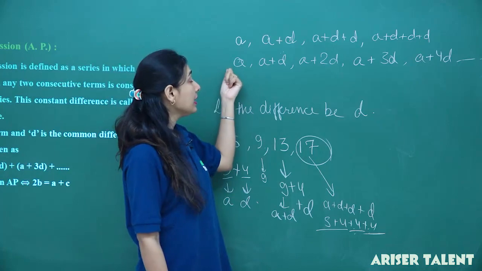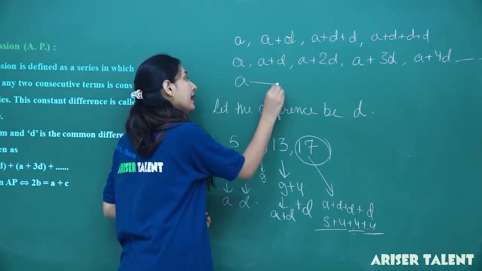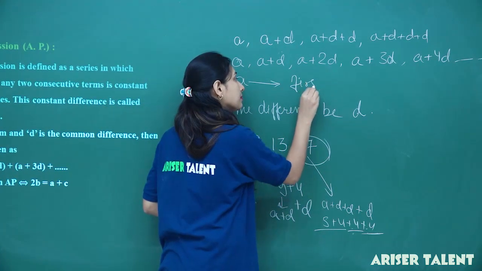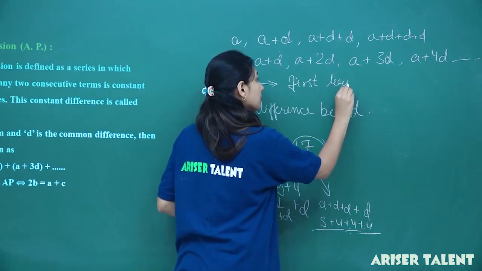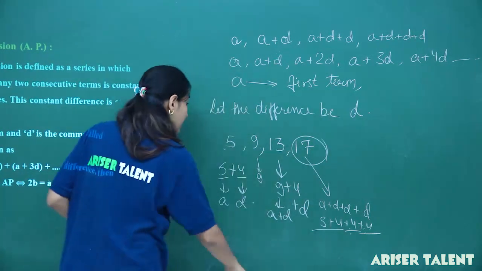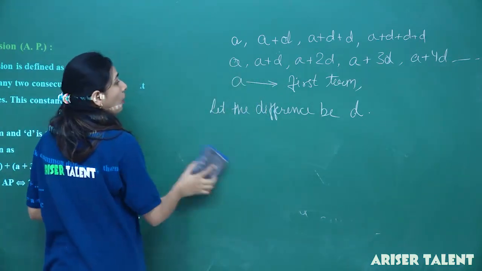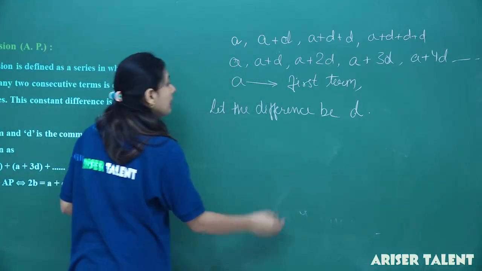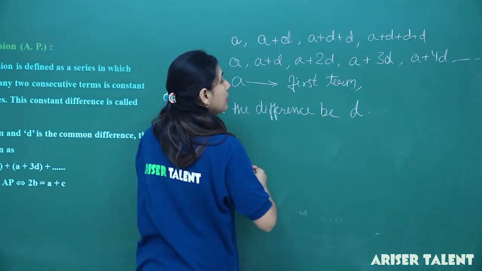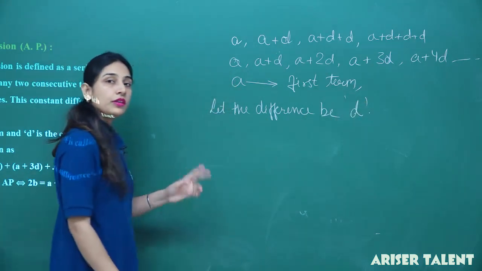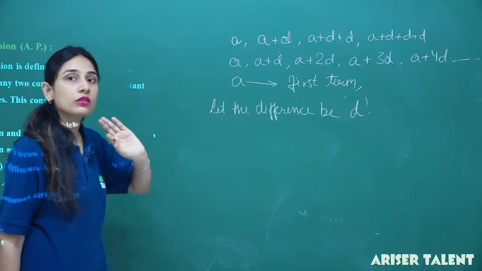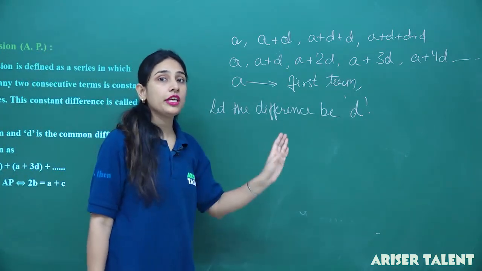So this is the particular formula for my arithmetic progression, if I have A as my first term. Right students, I am rubbing this out because this is of no use; you have already understood. And the difference between the terms is D, which is always constant. This D is not going to change.